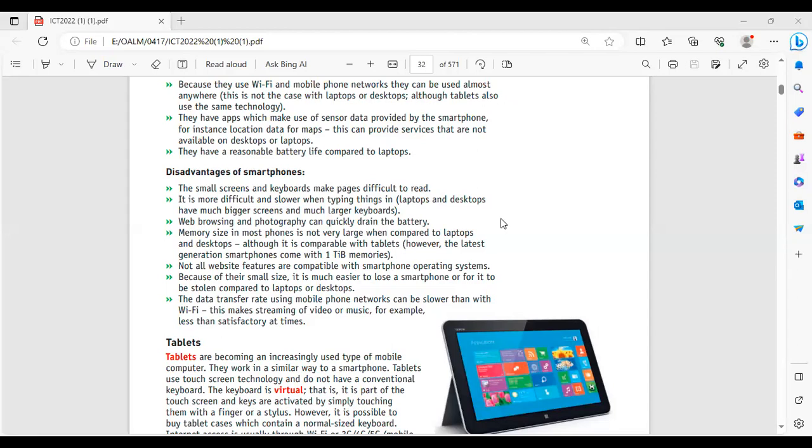Then not all website features are compatible with smartphone operating systems, and the data transfer rate using mobile networks can be slower than with Wi-Fi.